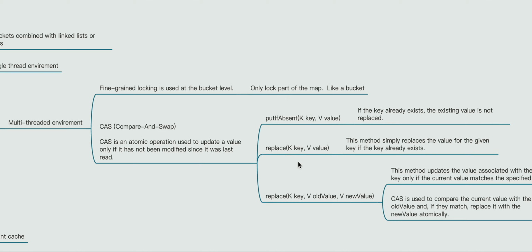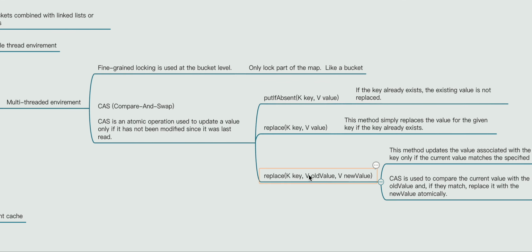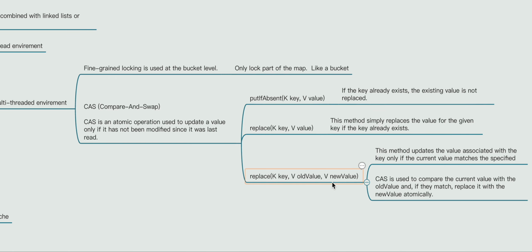So these two do the CAS mechanism based on the key. And this other method is focused on the value. The CAS is used to compare the current value with the old value, which is the parameter here.